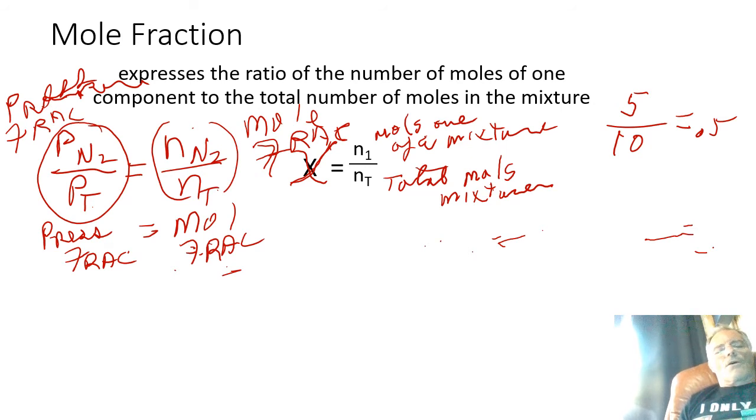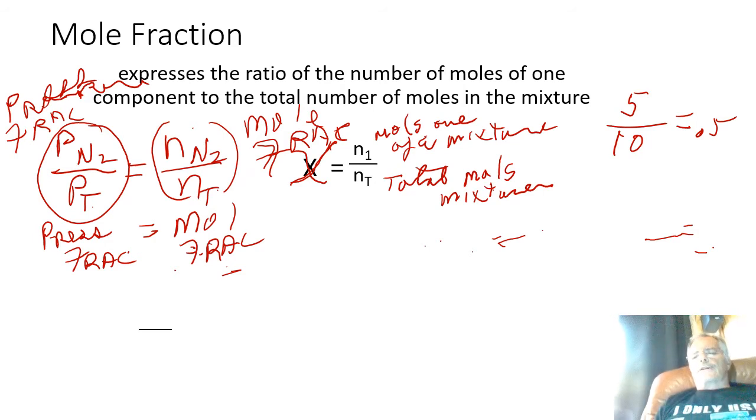I could also solve for the total number of moles if I knew the partial pressure and the total pressure, or I could solve for the number of moles of nitrogen in this particular case if I knew the total number of moles and I knew the pressure fraction. So as long as I have 3 out of the 4 variables, or I can derive 3 out of the 4 variables, I can derive the 4th variable. And so that's going to give us this relationship.